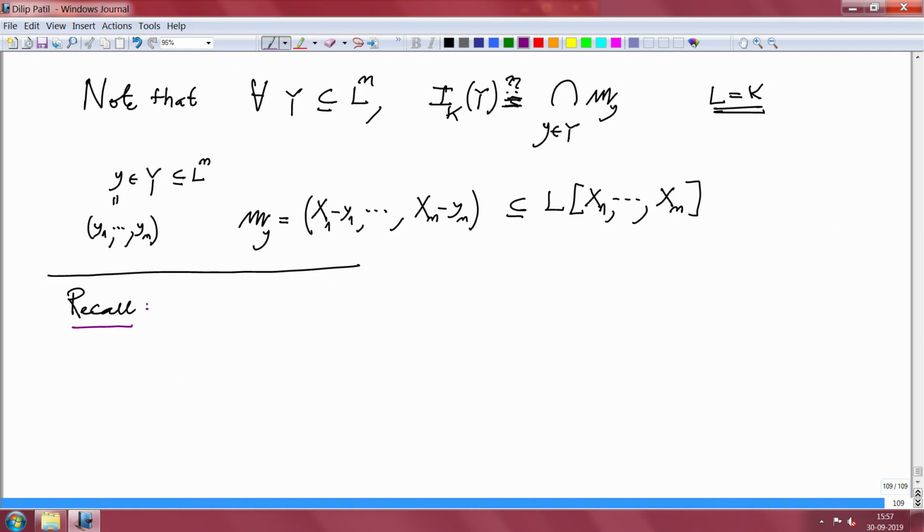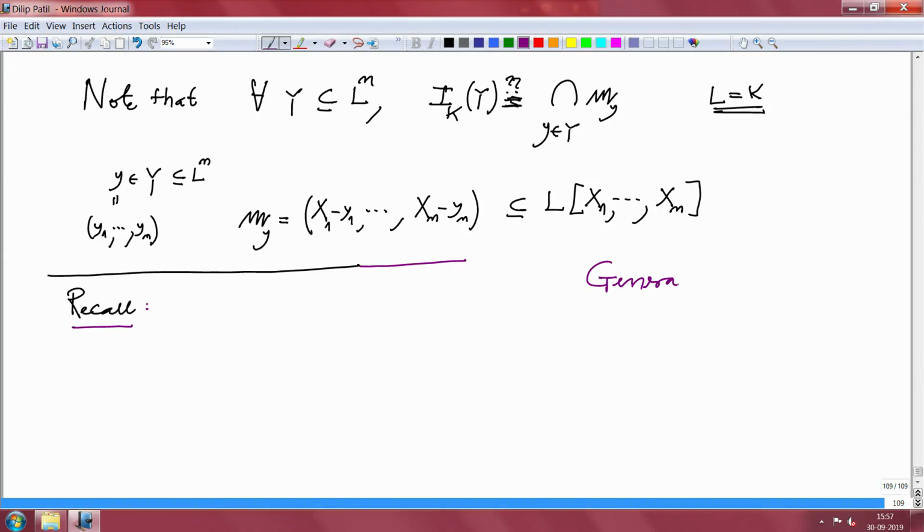Otherwise, we will have to recall this from some basic books on topology, and I would suggest you look at the General Topology book by Kelley. This is one of the good books, and it is a first course. You can find all the definitions which I have used there.